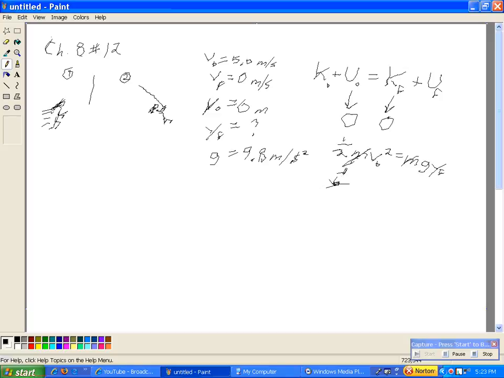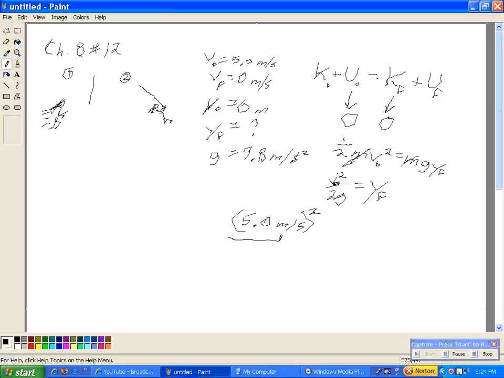This is initial velocity squared over 2g equals y final. Now let's plug in the numbers. We know that the initial velocity is 5.0 meters per second, and this whole thing is squared.